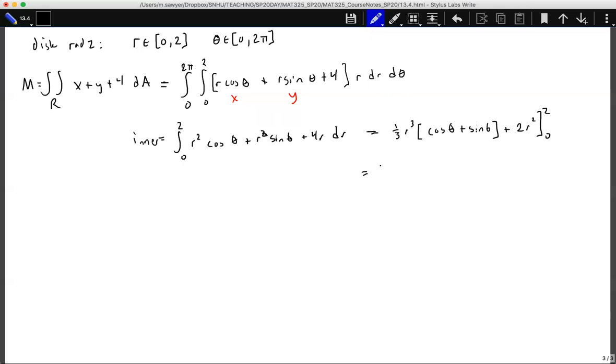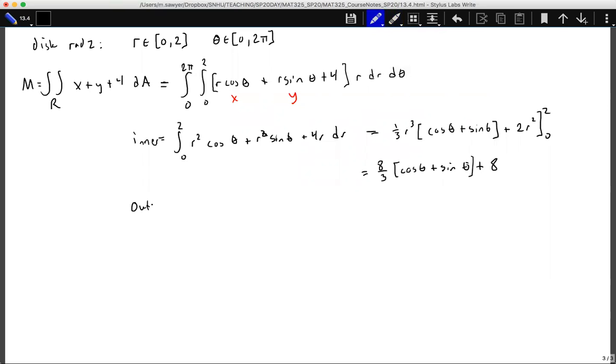This gives us 8/3 times cosine theta plus sine theta, plus 8. Notice that when we evaluate at 0, the terms drop off. Sorry, the bracket goes around this piece here.